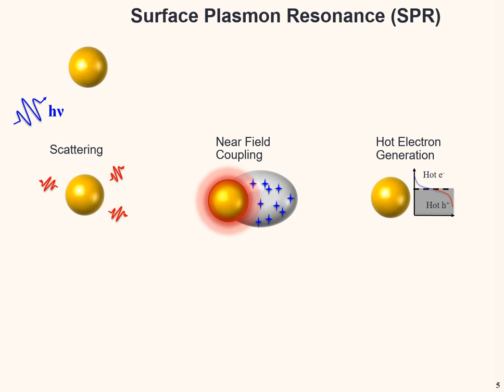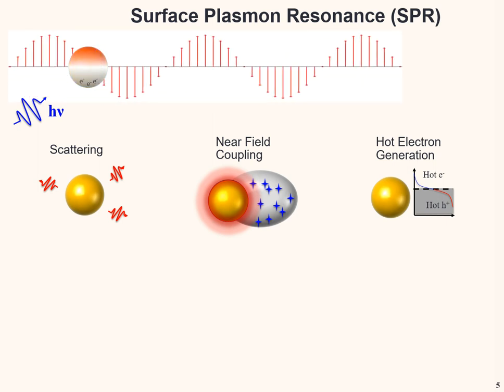We use photons to excite the nanoparticle, and the electrons will oscillate collectively. When you use photons to excite a nanoparticle, we generate collective electron oscillations on the surface of the nanostructure.